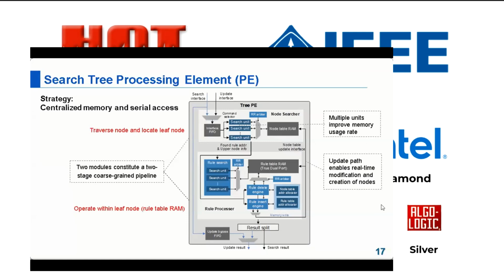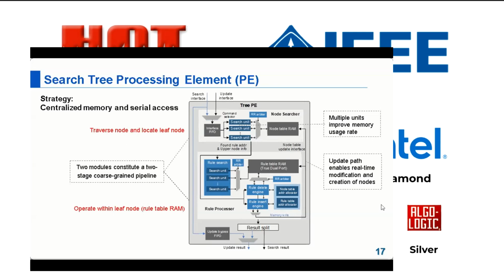The node searcher traverses the tree nodes level by level from the root by reading linked node table entries. When a valid leaf node is found, the root subset address will be delivered to the root processor, which will linearly search the RAM and take the appropriate actions of search, delete, or insert according to the operation code.